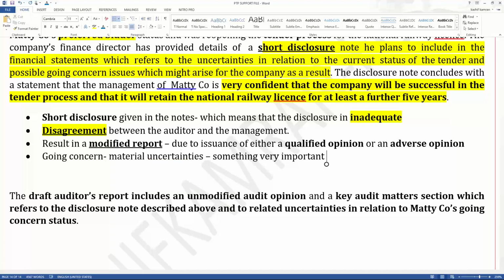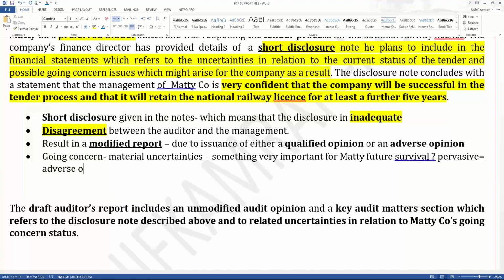It is something very important for METI's future survival. So in that case, it is something pervasive. And eventually, the better opinion would be an adverse opinion if the management fails to give a complete disclosure. If the management is reluctant to give a complete disclosure, this is a very pervasive matter.